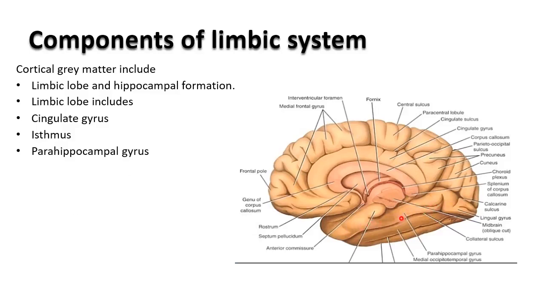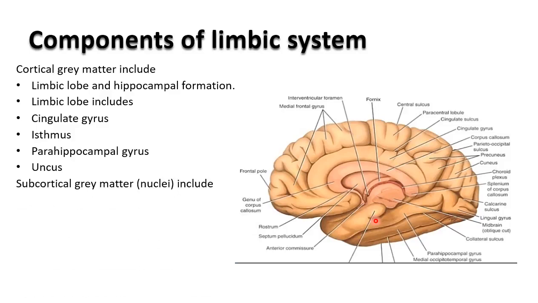Anteriorly the parahippocampal gyrus forms a hook-shaped structure that is called the uncus. They all form a continuous ring, so they are the cortical gray matter of the limbic system.